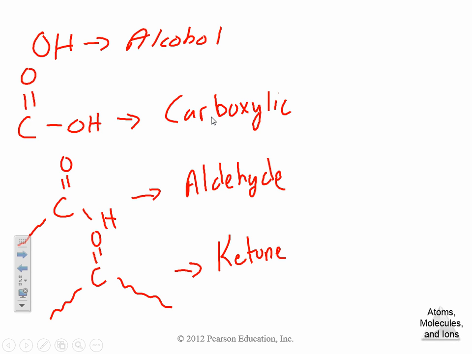Like methamphetamines, amines are the group that looks something like this. You have an N, and then it is bonded to a C, and the N can be bonded to whatever, and that is an amine.